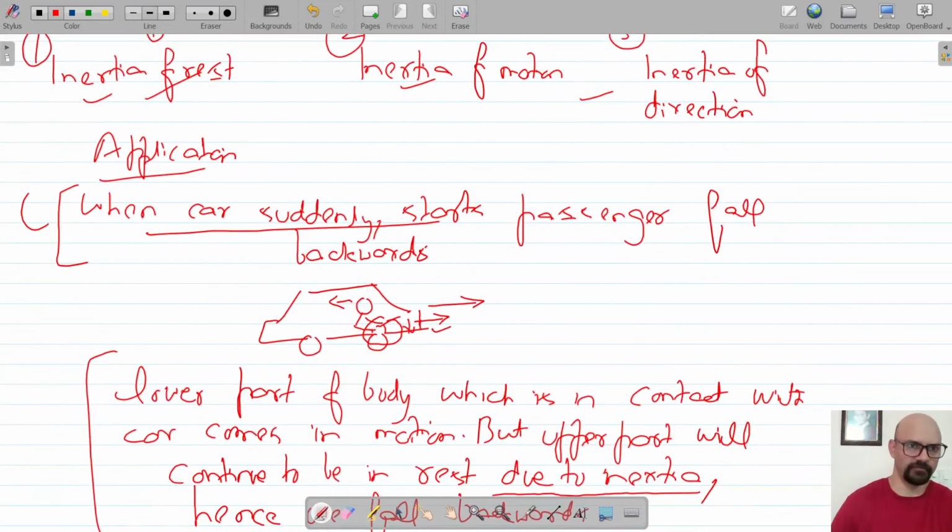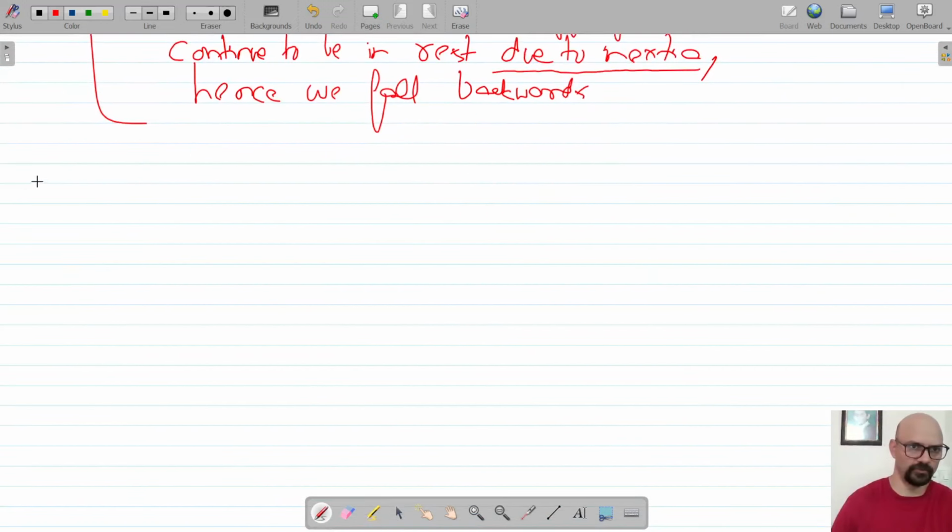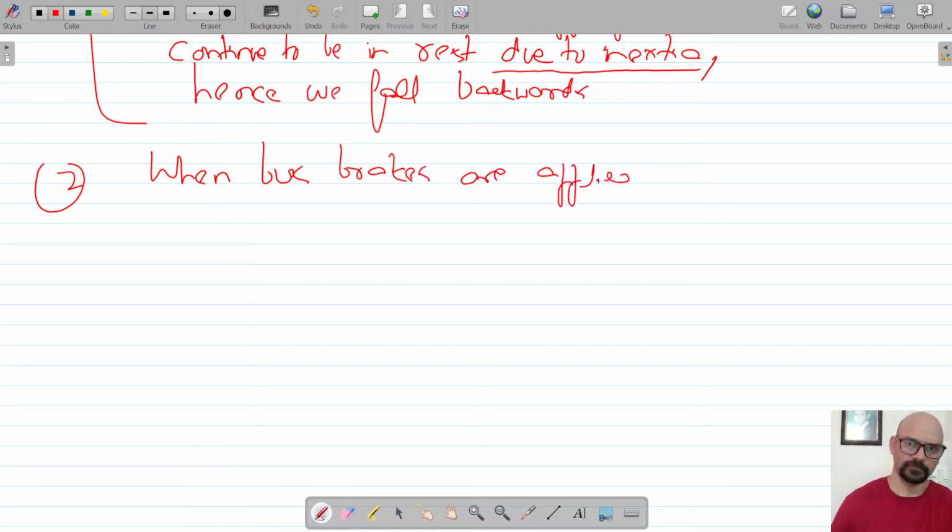So this is the first example, first application, or let's say the use of inertia. And the second one is when the car or bus brakes are applied, let's say the bus. So when the bus brakes are applied, passengers fall forward or get pushed forward.